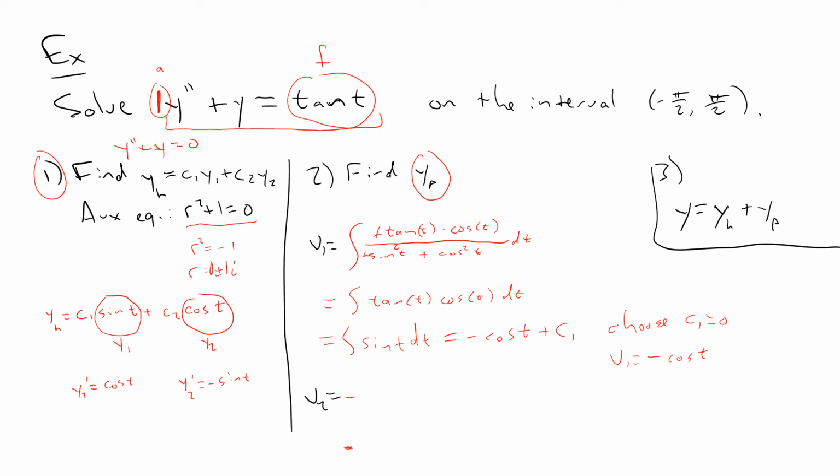v2, you just go through this integral again, but the numerator changes. The denominator is exactly the same, so we'd still end up with sine squared plus cosine squared in the bottom. But in the top, I have f times y1. f is still tangent t.